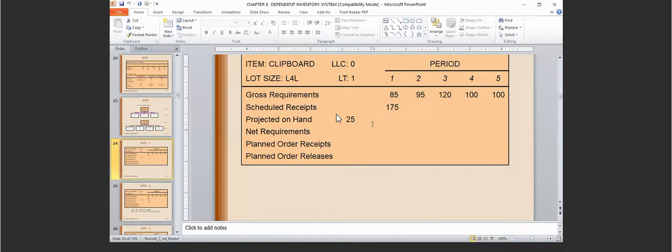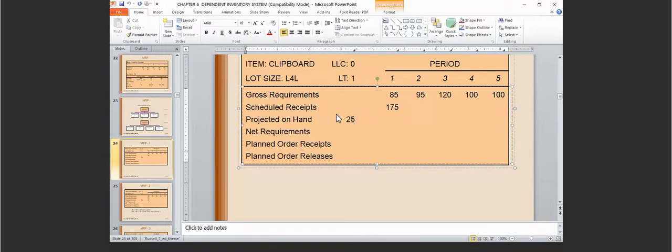The next process is to determine the inventory requirement in period 1. For period 1, we have 85 units of gross requirement, and the total inventory that we have is 200 units. How do we get 200 units? The scheduled receipt of 175 units plus the projected on-hand inventory.